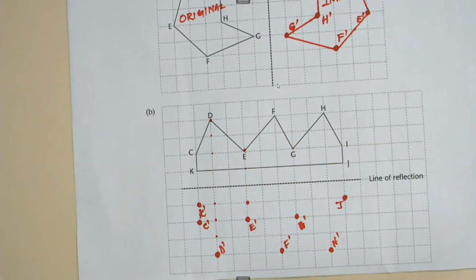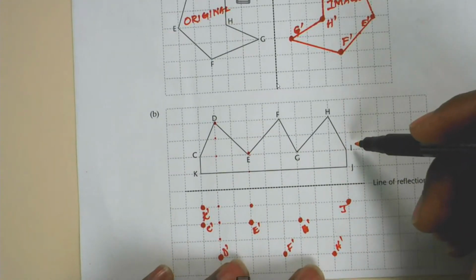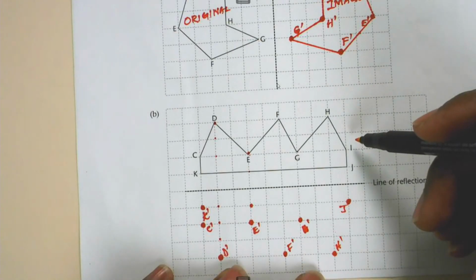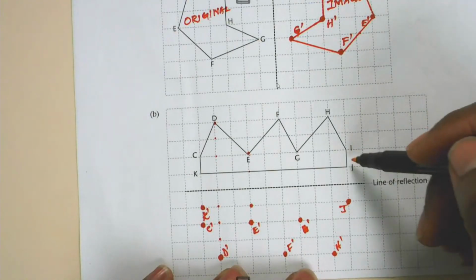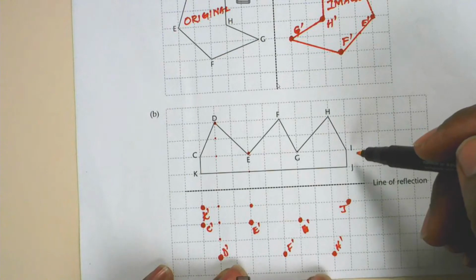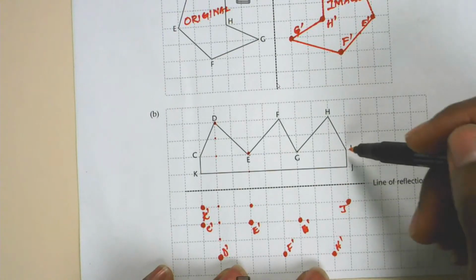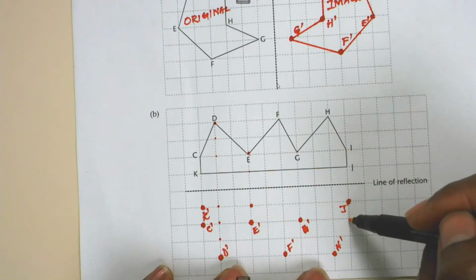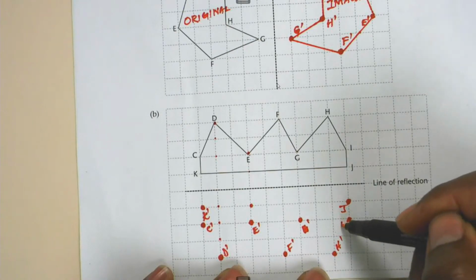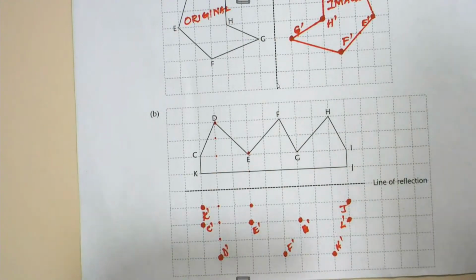Right, the last point is L. L, how many units away from the line of reflection? 1, 2. We're going 1, 2 as well. So this will be our L prime. Guys, if you see these points now, we have not yet connected them so that we can see the reflected shape.